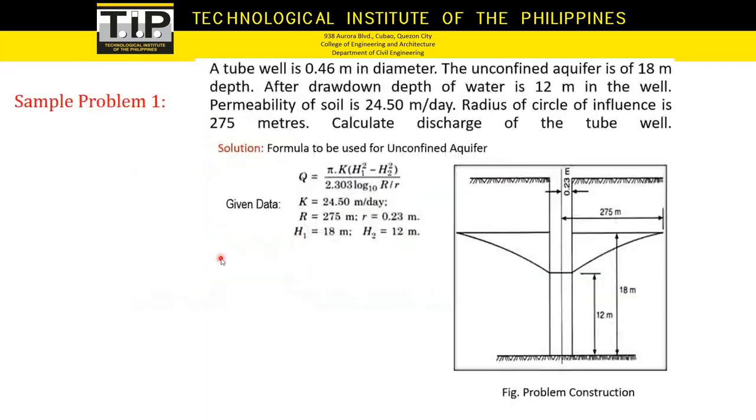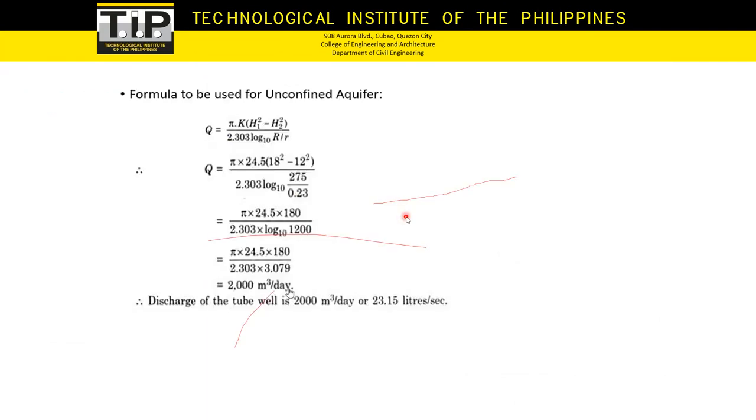Okay, let us make sure that our units are consistent. The radius and the values of H should be in meters, and K must be in meters as well. So, direct substitution: K is 24.5, H1 is 18, H2 is 12, capital R is 275, small r is 0.23.